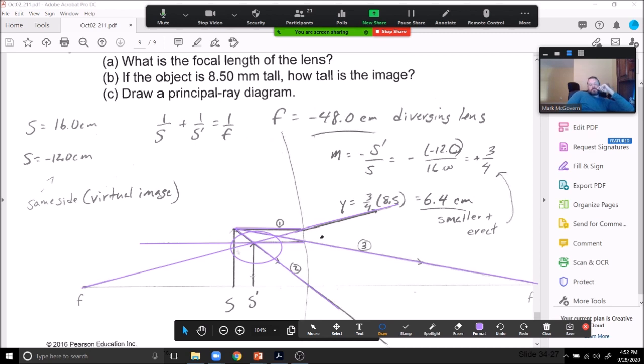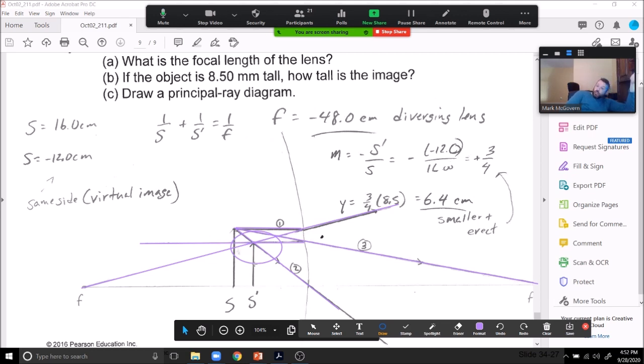So that means these things are on top of each other here, practically. So, what are we trying to do here? Focal length, we got it. If the object is 8.5 millimeters tall, how tall is the image? Well, we have to work on magnification then. So the magnification here is going to be minus s prime over s. It never changes. We end up with an upright image, as you can see here.